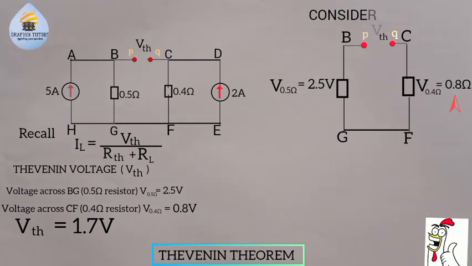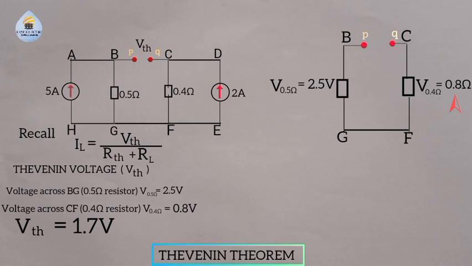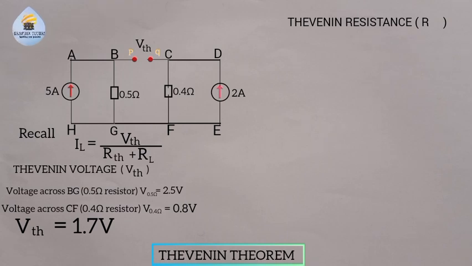The next thing we'll do is to calculate for the R Thevenin. To calculate for the R Thevenin, we are going to open circuit the two current sources. If it was a voltage source that was there, we would short circuit it, replace it with a wire, but now we're going to open circuit it. So we're going to remove it from there. Removing it, we will replace the VTH by the RTH, right?